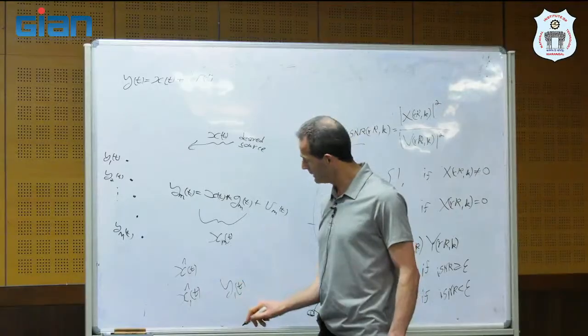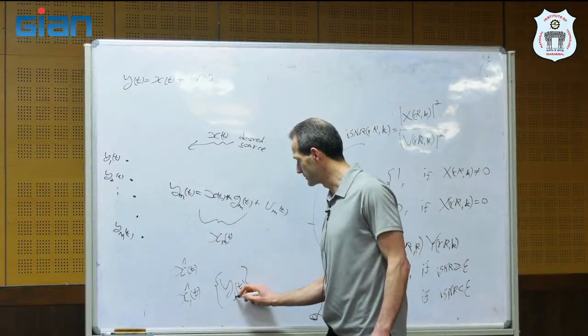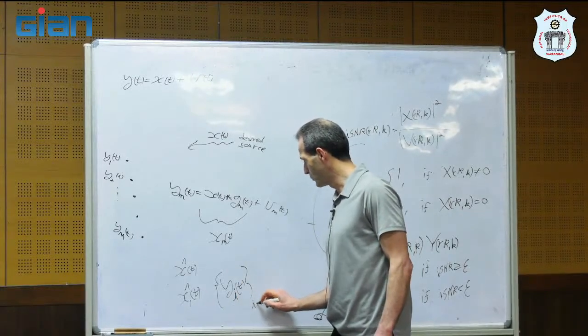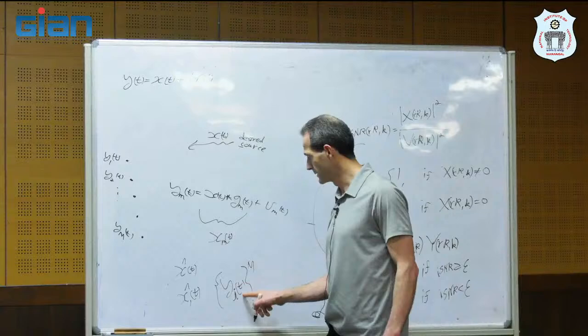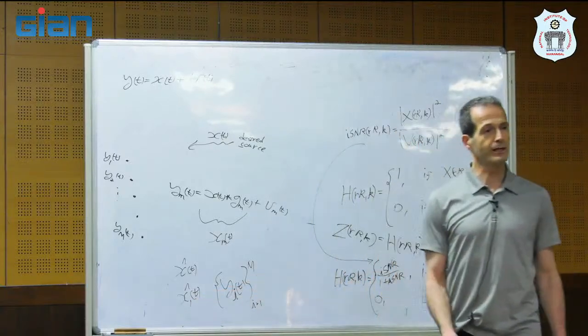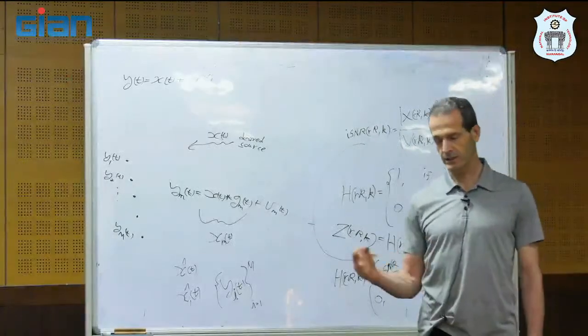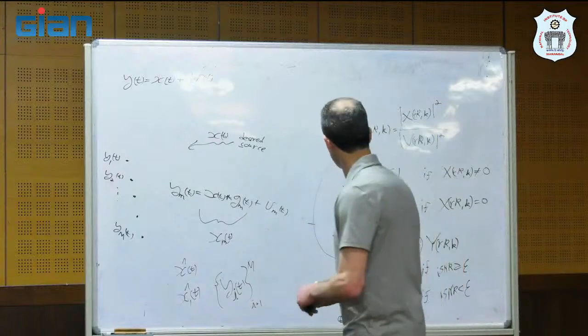In the multi-channel, I use all the measurements from 1 to M in order to estimate x1. So I have more information, more measurements. Okay? So how to do that?